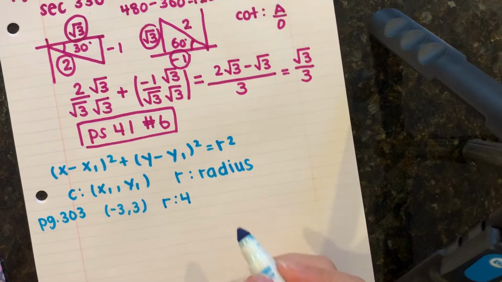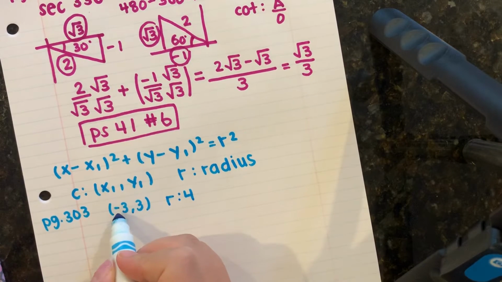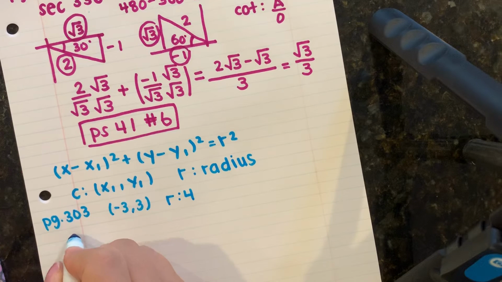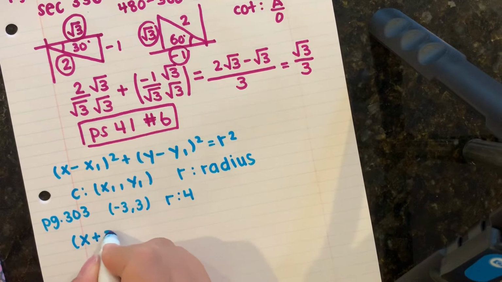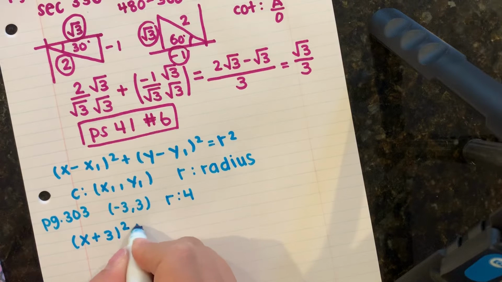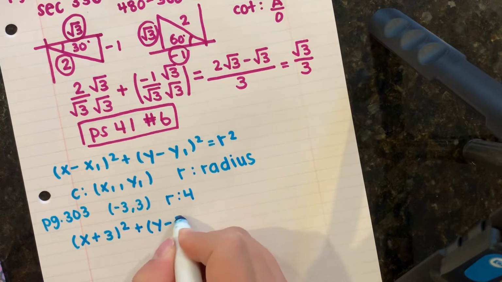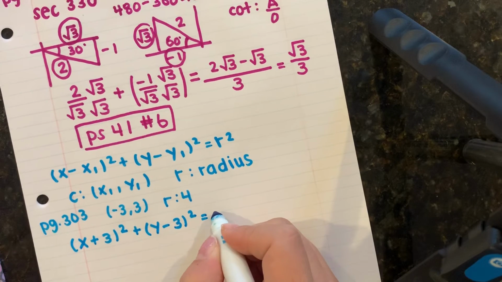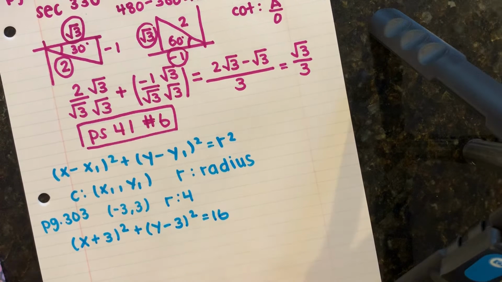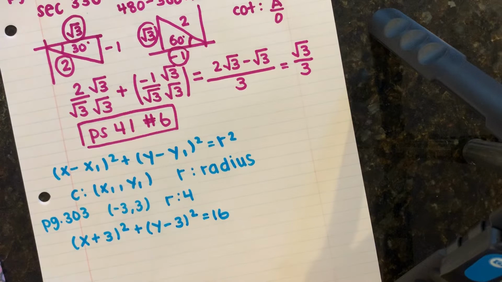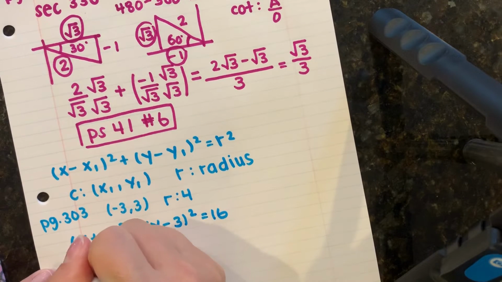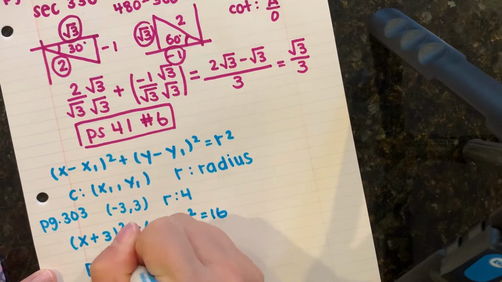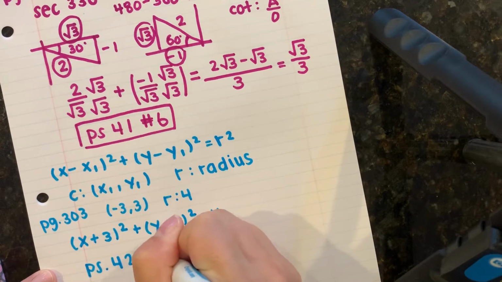So I'm going to input that into my equation, remembering that when I input it, it's going to change the sign. So this is going to become x plus 3 squared plus y minus 3 squared is equal to 4 squared, or you could write 16. That's my answer, and now you are going to try problem set 42, number 7.